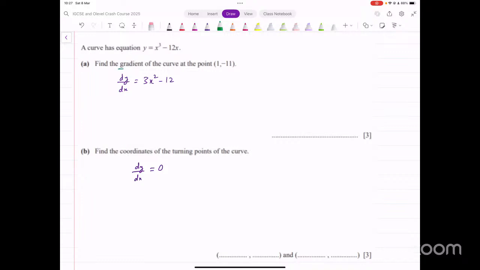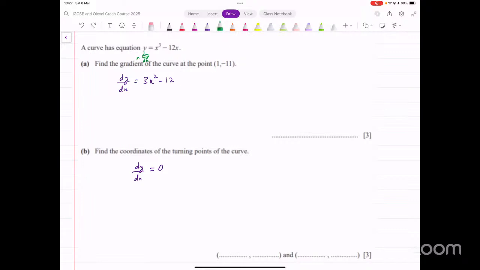Since you want the gradient at a particular point, you are given that point. Gradient is what you're looking for. Remember, gradient is represented by dy over dx. So we want to find the value of dy over dx when x is equal to 1 and y is equal to minus 11.